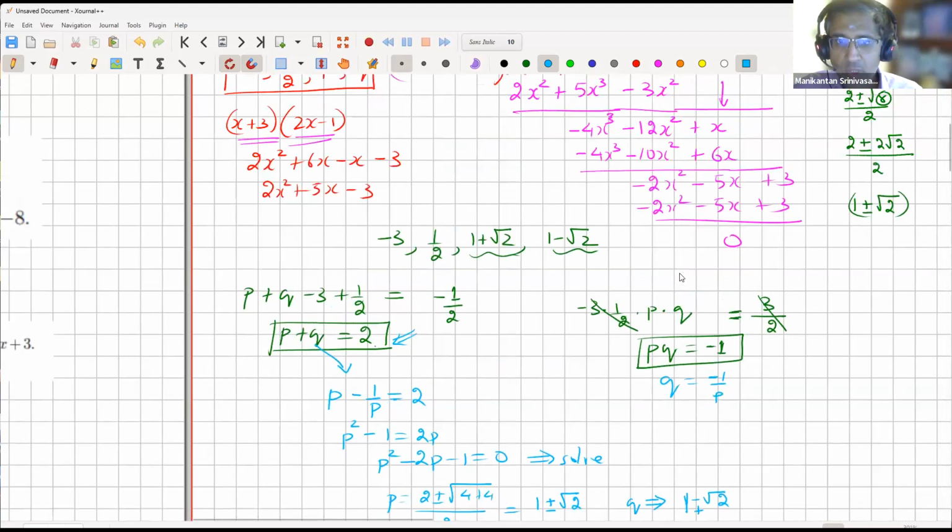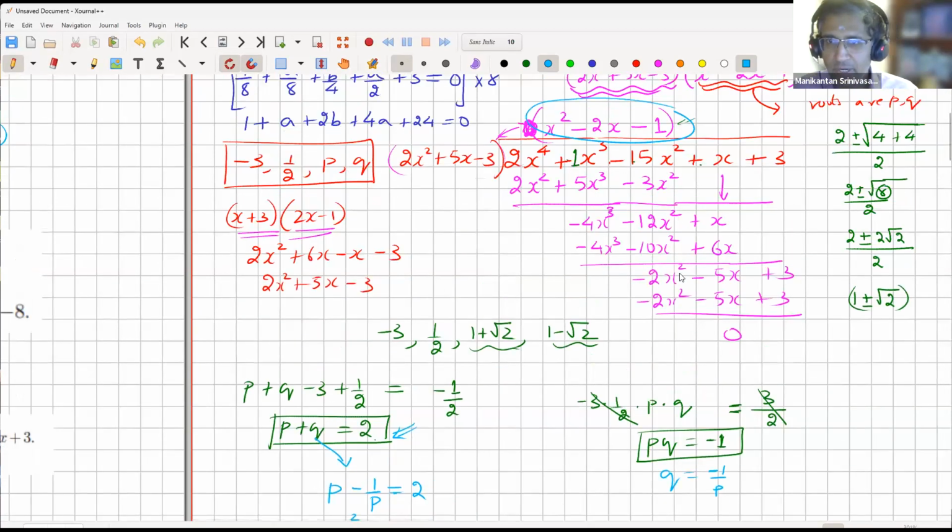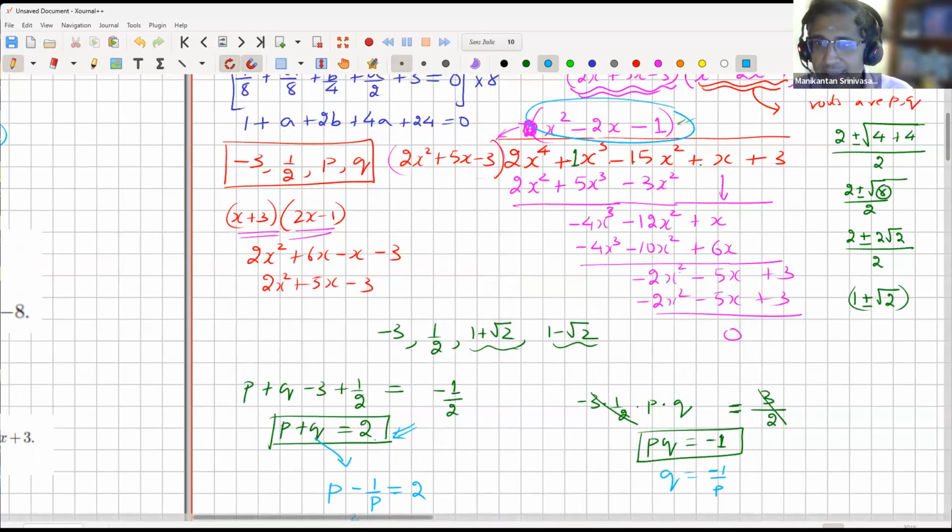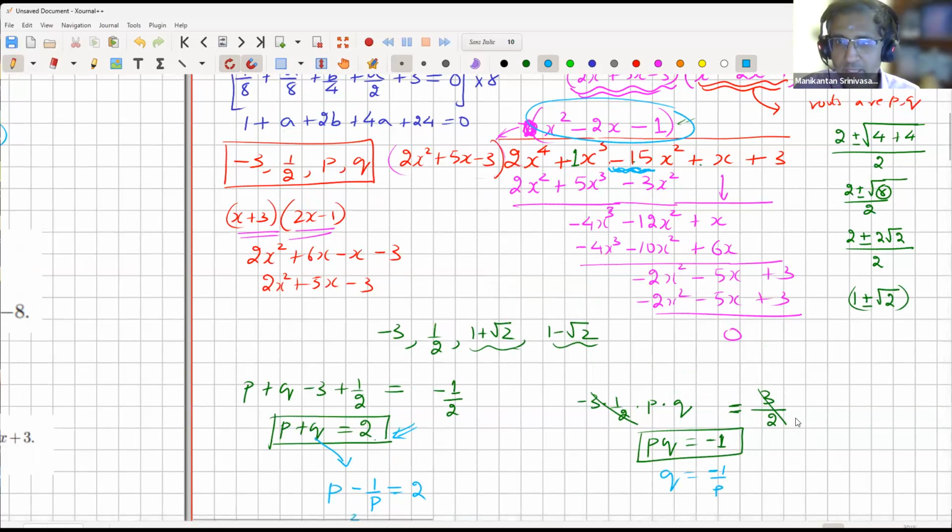Let's also use this sum and product of roots just for verification. Let's see whether we are able to get the -15, even though that's not even asked. What is the -15 supposed to be? The sum of the product of roots taken 2 at a time. We are just going to verify, that's it.